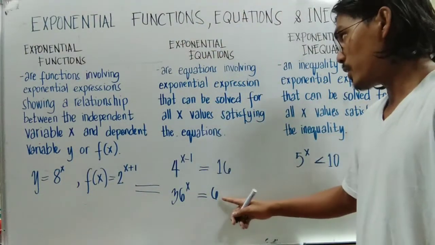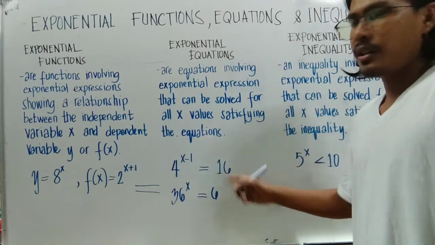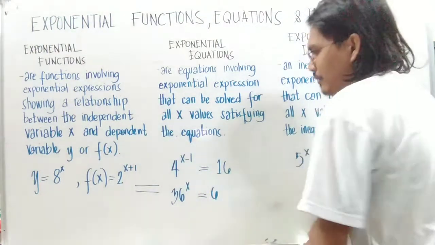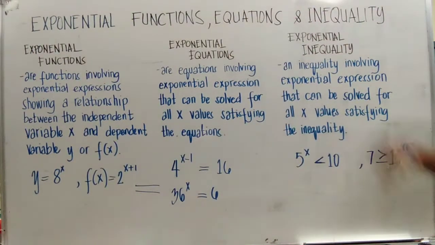If you look at the exponential equations, we have 4 raised to x minus 1 and the other side is a number. Okay? So let us proceed to exponential inequality.